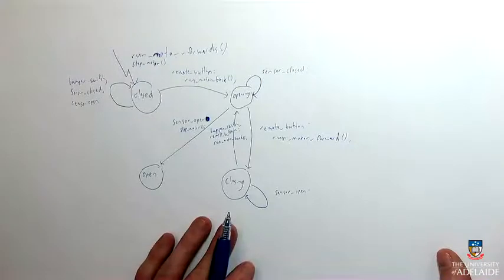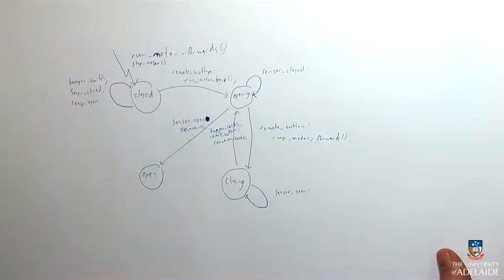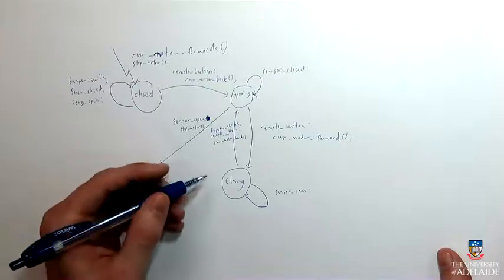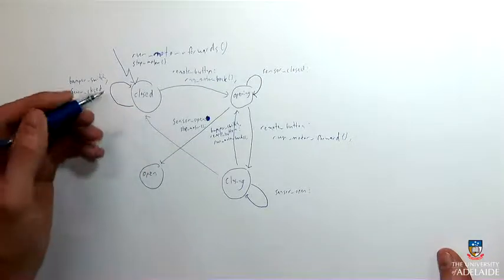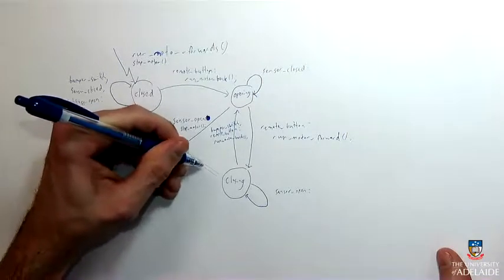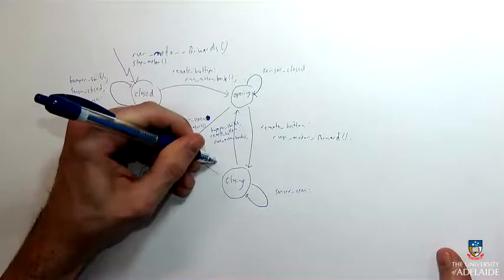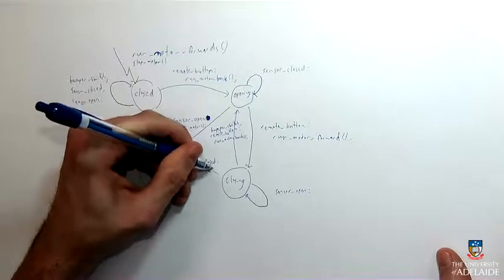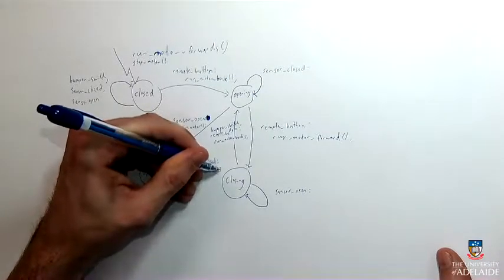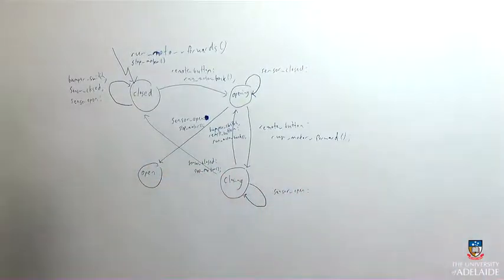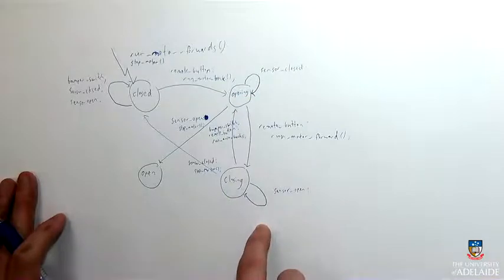And finally, if the door closed sensor is triggered while the door is closing, then move into a closed state. Okay, so we're going to enact the stop motor behavior if that is triggered. So that is all 4 inputs there.